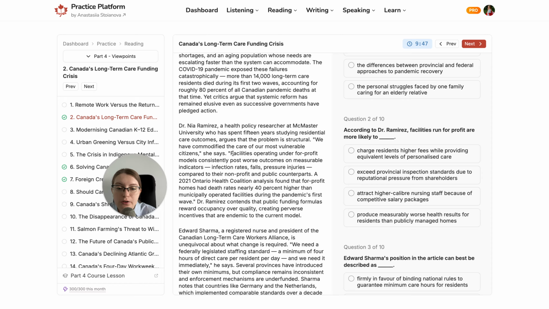And you see here, whatever we have in the quotation marks: we have commodified the care of our most vulnerable citizens. Facilities operating under for-profit models consistently post worse outcomes on measurable indicators, infection rates. So what is she saying? She's kind of criticizing, right?